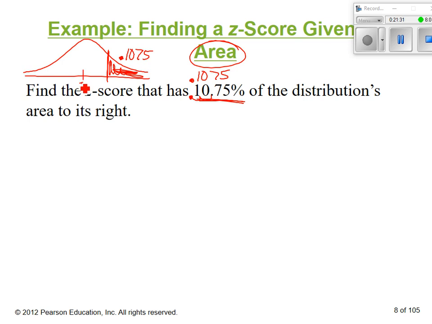Zero's in the middle. The chart, again, only tells us the area this way. So the first thing we got to do is take that number and subtract it from 1. And 1 minus that comes out to be 0.9725, I believe. That's not right.